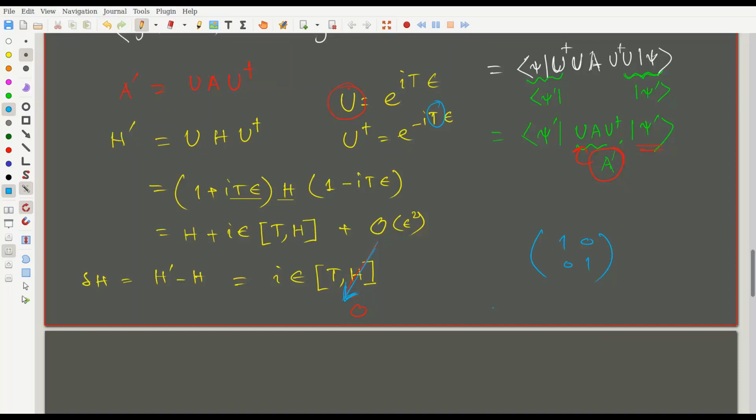Can anyone tell me? Sir, 1 is the eigenvalue. Yeah. And one eigenvector is 1 0. Sorry, so E1 is 1 0, E2 is 0 1. What about 1 1?